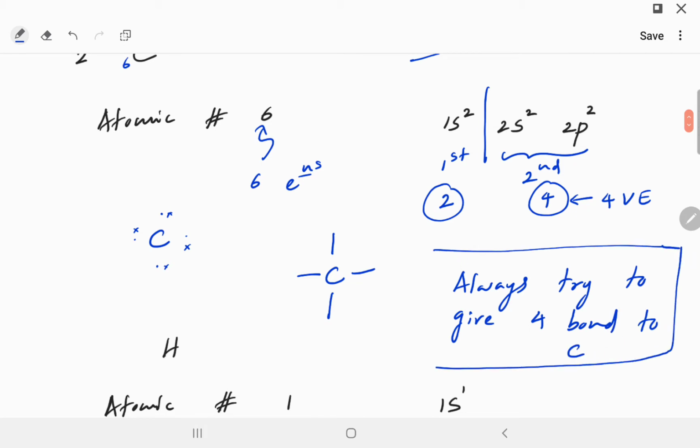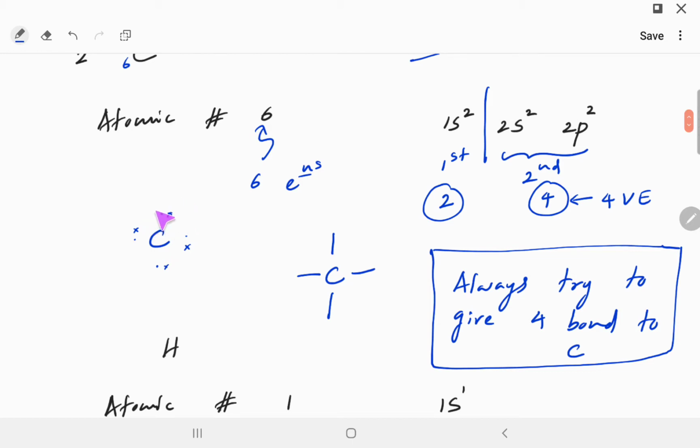Why? Because carbon has 4 unpaired electrons, and unpaired electrons are not stable. So they will always try to obtain 4 other unpaired electrons and then try to pair up. If you do that, you get 4 bonds.